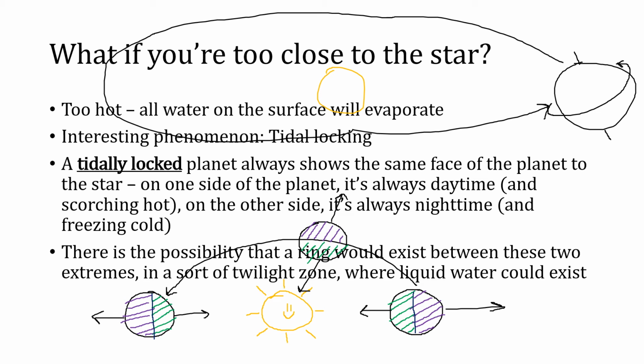And that's the problem you run into with tidally locked planets. You would think that if you're too close to the star, the whole planet is just hot and all the water boils off. Not necessarily. If you get really close to the star and the planet gets tidally locked, one side is absolutely blazing, 400, 500, 600 degrees Celsius. The other side is freezing, minus 130, minus 150 degrees.